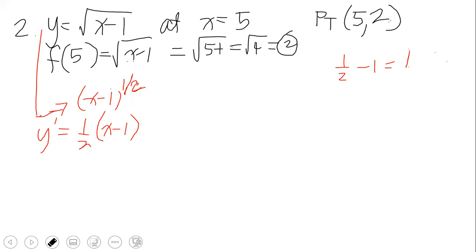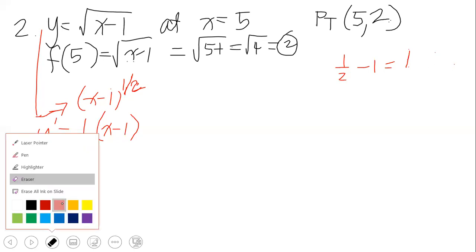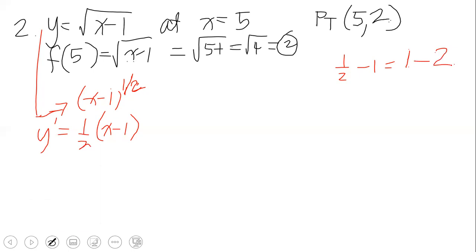The 1 minus 2 over 2, meaning you also have negative 1/2.